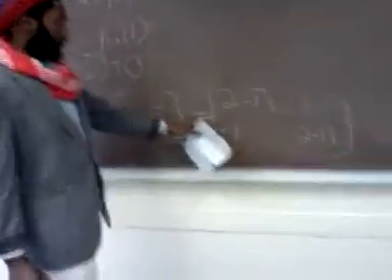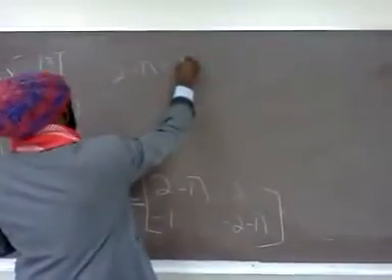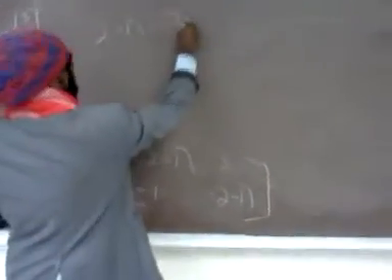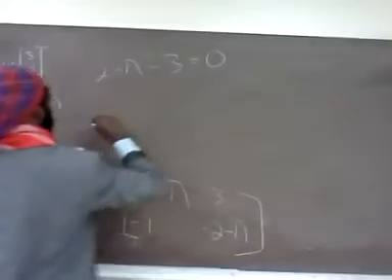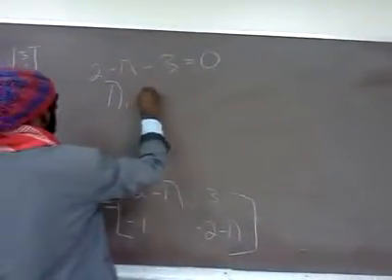Now, from this matrix, we'll be able to solve for our eigenvalues. And the way we're going to do that is we're going to take 2 minus lambda equals 2 minus lambda minus 3 equals 0. And after going through, we'll get a lambda value of negative 1.